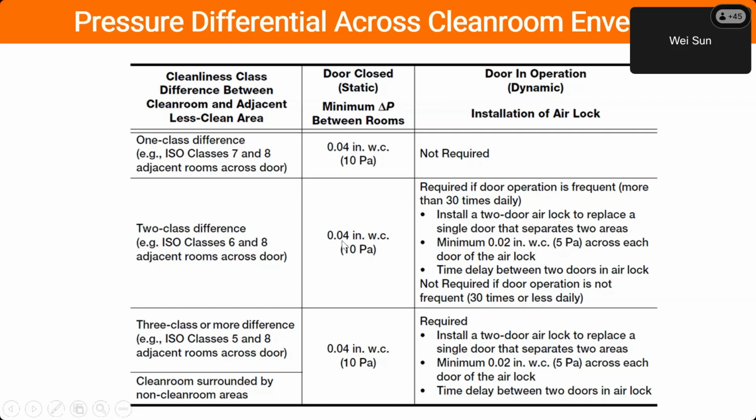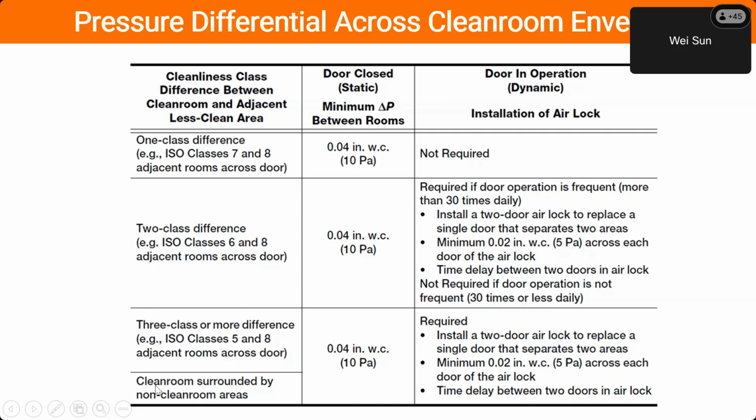So two doors, you end up with 0.4 or 10 Pascal, and there will be a time delay requirement. But if you have 3 classes or more difference, let's say ISO 5 versus ISO 8 as an adjacent space, you still need to have a 0.4 as a minimum, but the airlock will be definitely required.